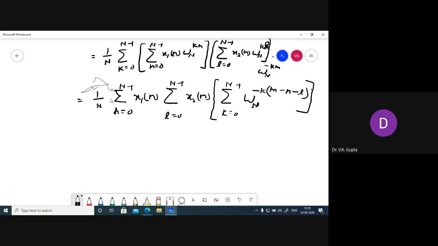The first summation has all the n terms, the second summation has all the l terms.